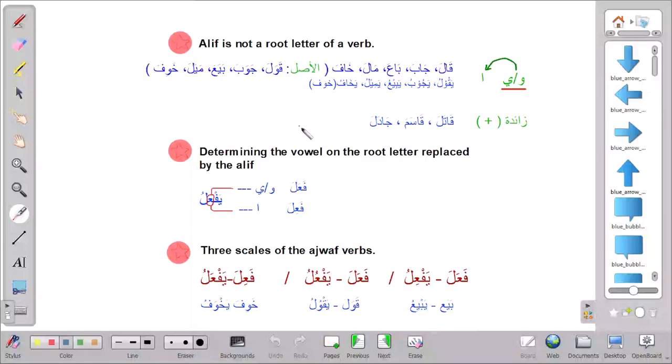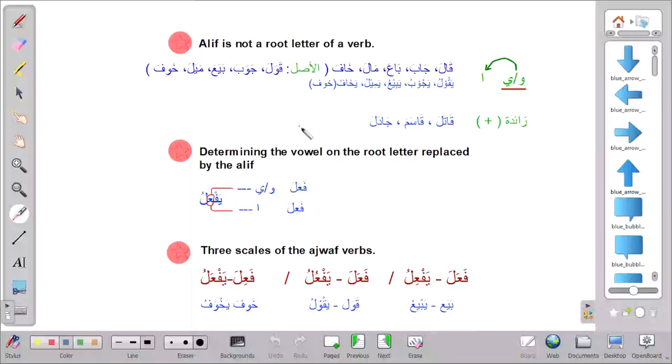Like previously, when we looked at the misal verbs, we saw some rules regarding them. Similarly, with the adjunct verbs, there are also rules governing them. So I would like us to look at some basic ones, mainly how they are conjugated, before we begin reading from the book.